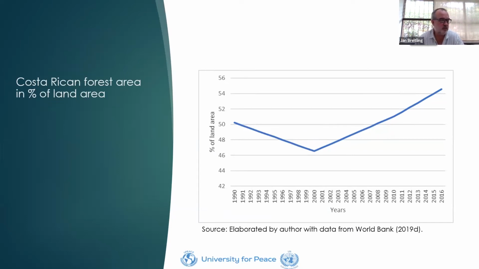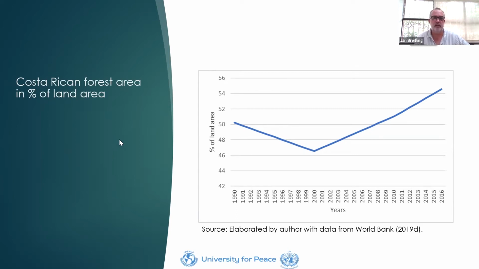This is very interesting because when I began to look at these statistics back in, I guess, 2014, there was a different data set on the World Bank website where the lowest point, so the transition point of forest cover in Costa Rica, was before 1990. But then they changed it, and now according to World Bank, which takes the data from the FAO, the forest transition has moved to the year 2000, which can have different explanations.